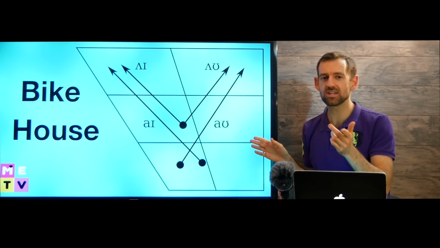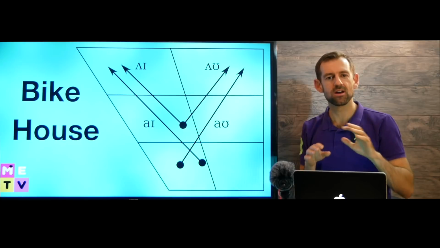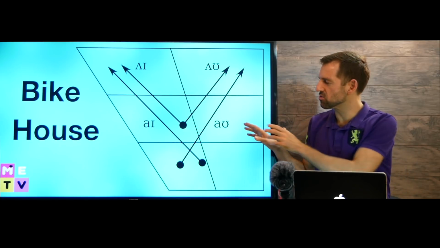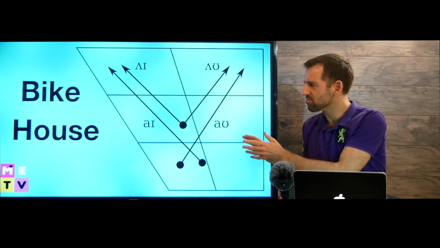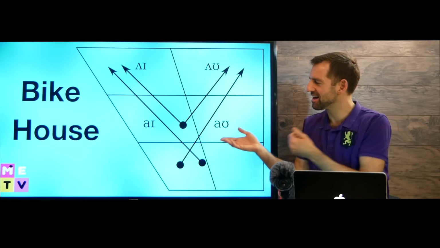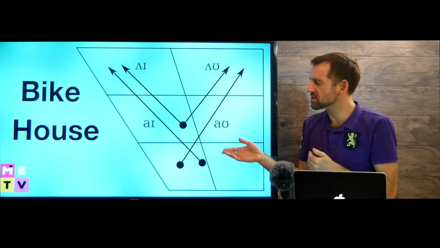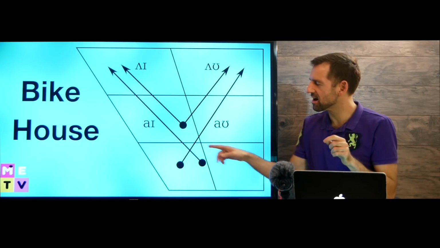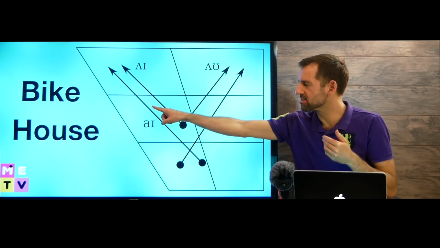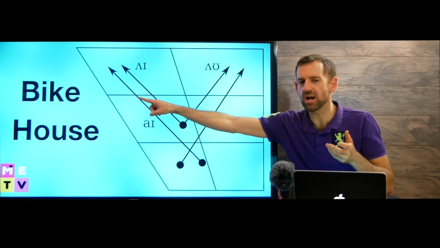Now, if you haven't seen my lesson on pronunciation of vowels in English, you can go watch that so that you understand this a little bit more. But it's not very important. This is just showing what's happening in Canadian raising. So let's take a sound like I. Now, look at the word bike.